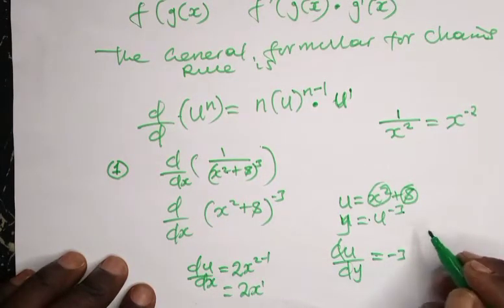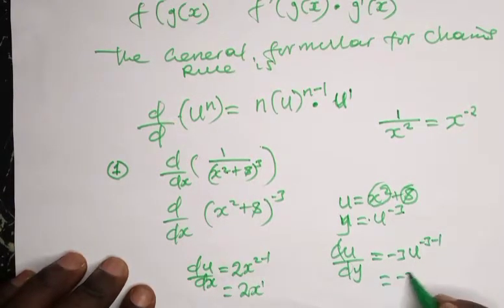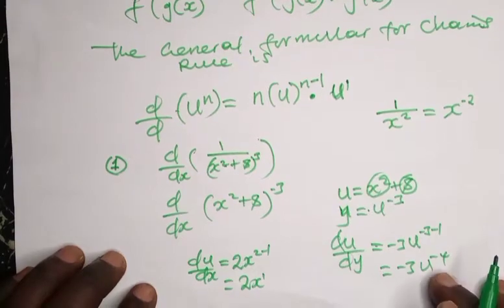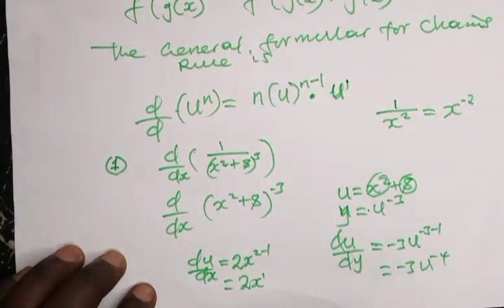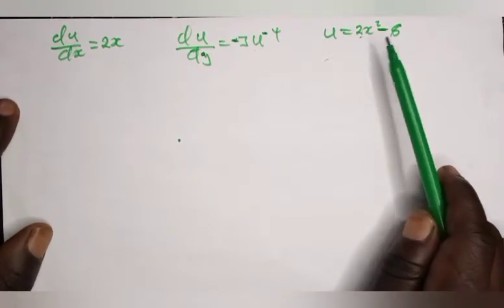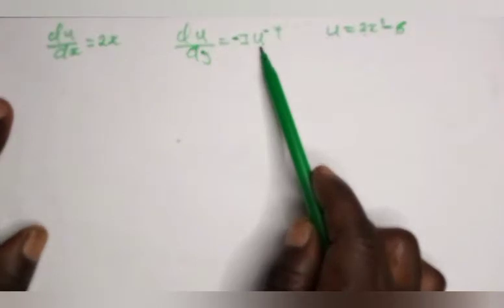Then negative 3 u power minus 3 minus 1, which equals minus 3u power minus 4. In the first place we had u equals x power 2 plus 8, so we are going to substitute this value into u.